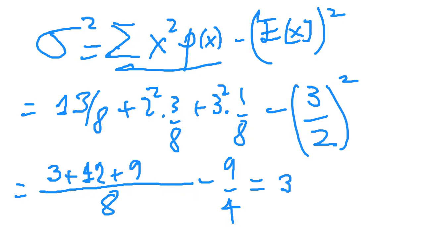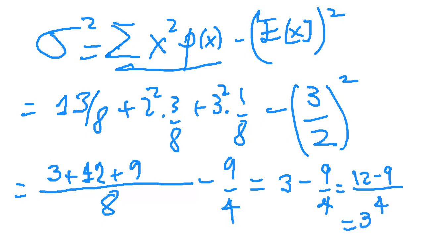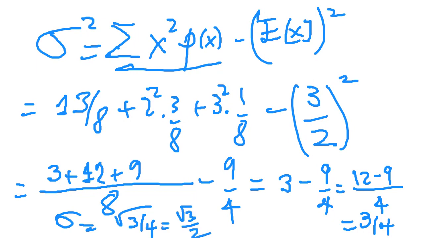So it's 3 minus 9 over 4, which is 12 minus 9 over 4, is 3 over 4. This is the variance. And then to get the standard deviation, take the square root of 3 over 4, which is the square root of 3 over 2.